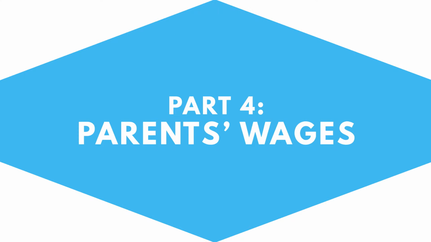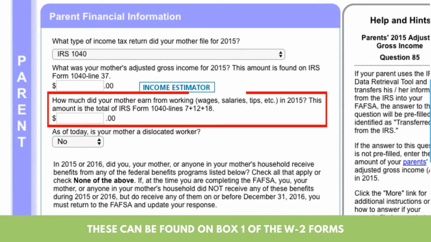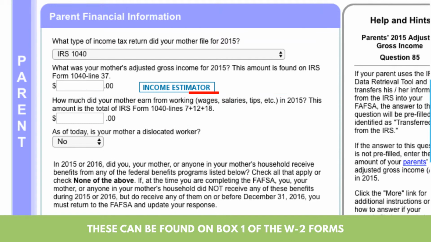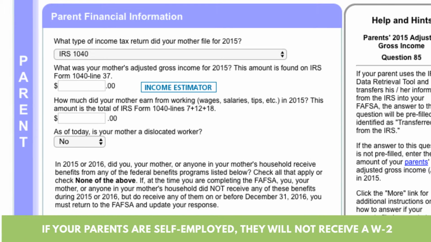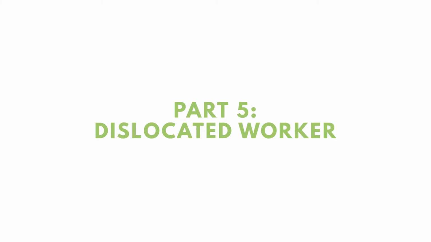Part 4. Parents' wages. These can be found on Box 1 of the W-2 forms received by your parents from their employers. If your parents are self-employed, they will not receive a W-2. Part 5. Dislocated worker.